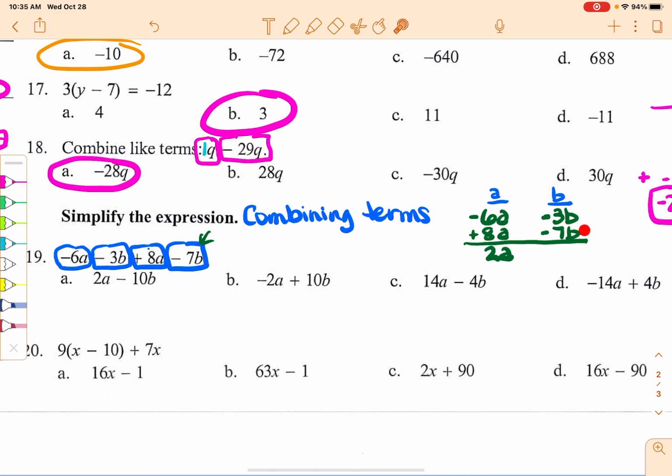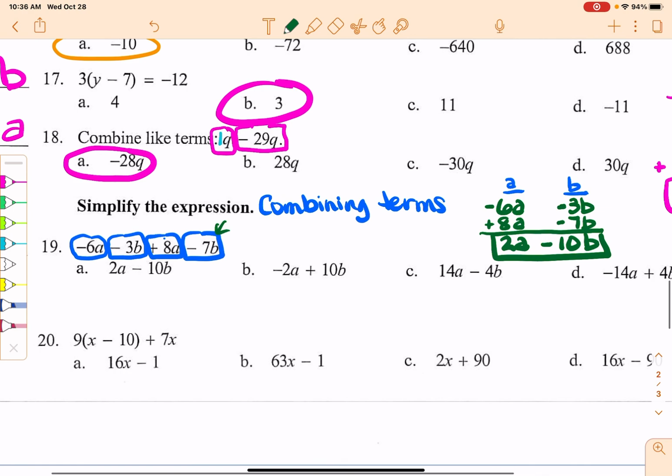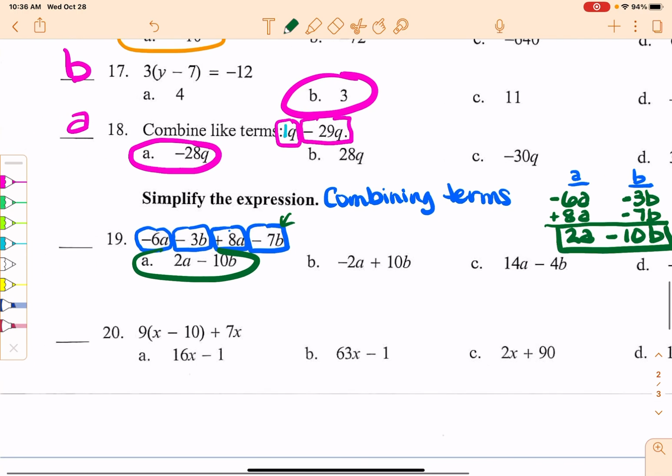Negative 3b and negative 7b is going to be negative 10b. So I'm going to do minus 10b. Now there has to be work for these combining like terms. So if you don't show anything, I won't be able to say you successfully know the skill if you only write the answer. So I've got to be able to see your work. Okay, so this one is going to match A.